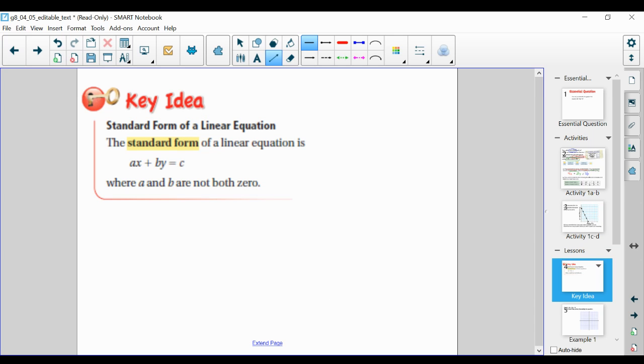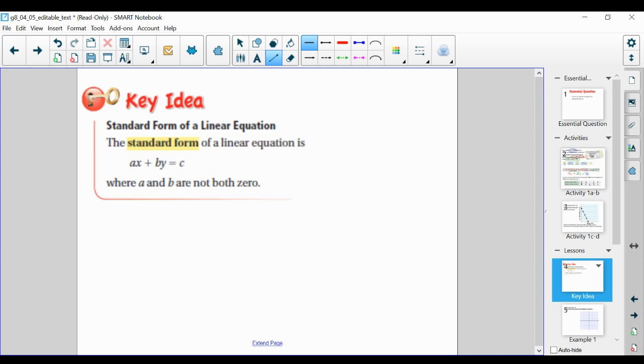All right, so let's again quickly talk about what we're trying to accomplish today, and that is understanding standard form. So here's the key idea. Standard form of a linear equation is ax plus by is equal to c, where a and b are not both 0.